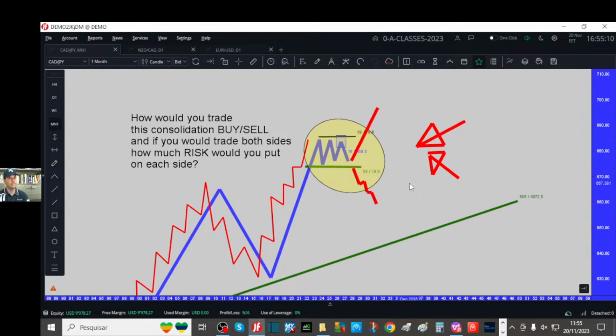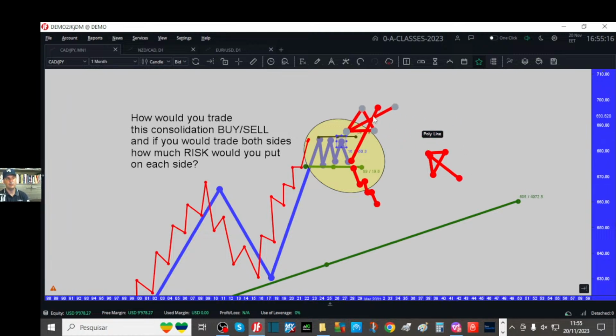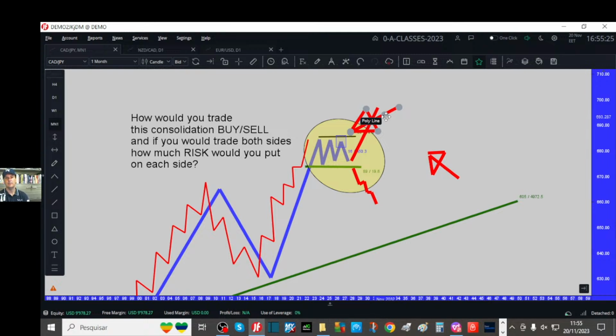What should I do? I don't know. I don't know what you should do. But here, just shorting the market and putting more risk on the short side, you are speculating.